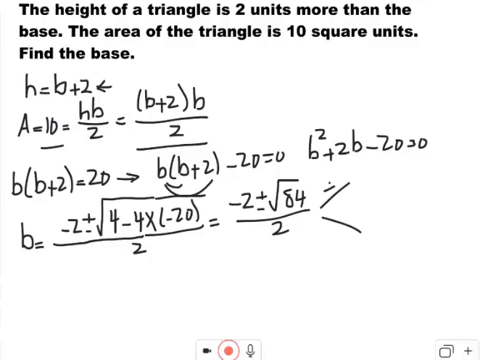There are two solutions here. If we go by positive, we get 3.6. If we go by negative, we get negative 5.6. Since the base cannot be a negative number, we have to drop this one out, so the answer is 3.6.